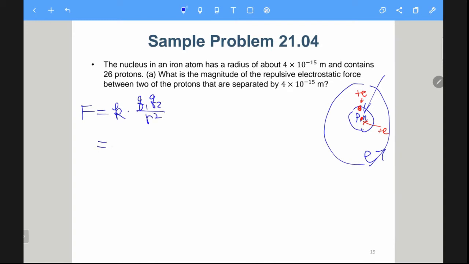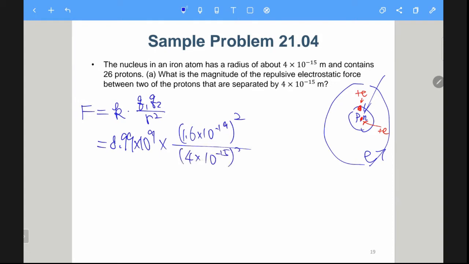So k is 8.99 times 10 to the 9th power, times e, which is 1.6 times 10 to the minus 19, just mentioned, and then squared, because both q1 and q2 are positive e. And r squared is nothing but 4 times 10 to the minus 15, quantity squared. So this F is 14 Newton.